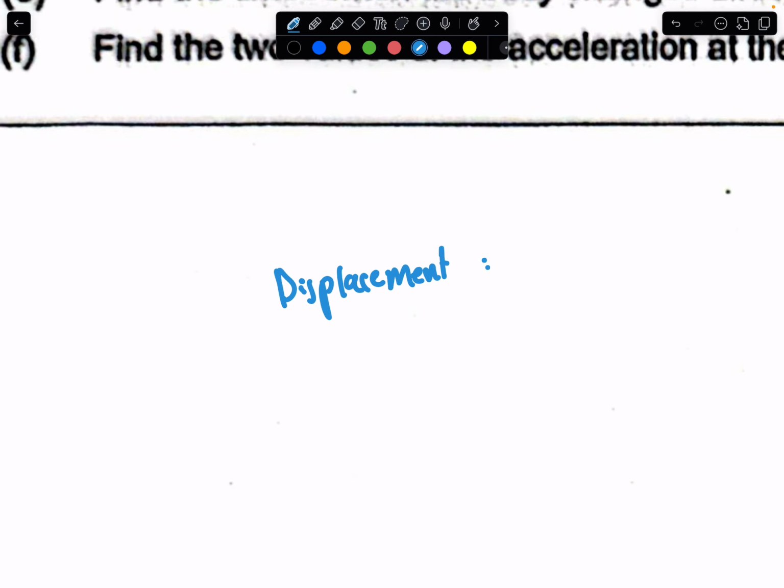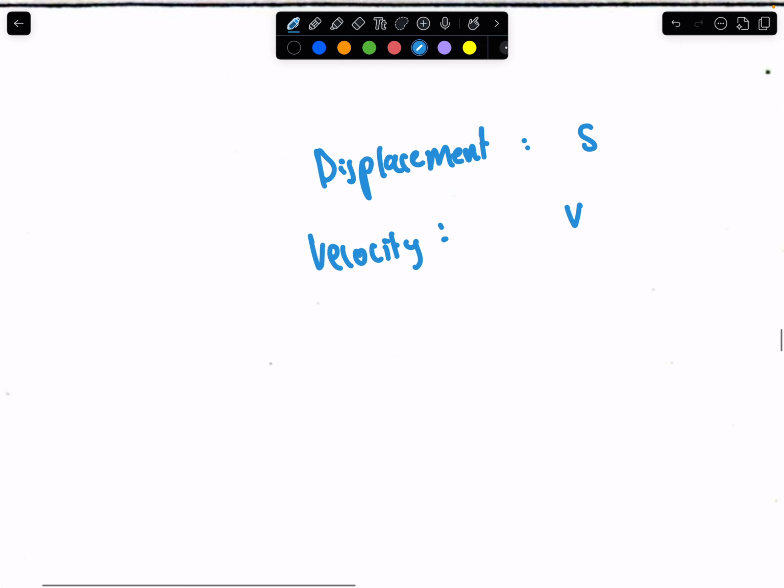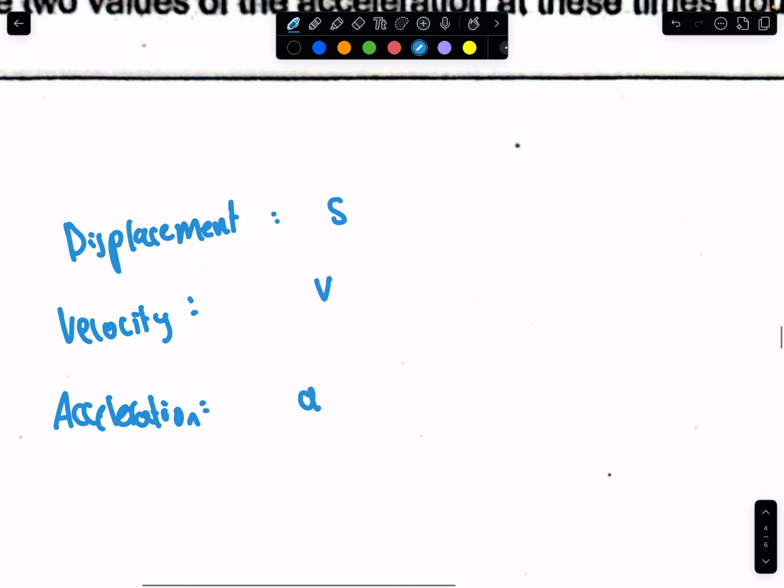There is displacement, which has the symbol S, velocity, which has the symbol V, and acceleration, with the symbol A. So how are these related in kinematics?